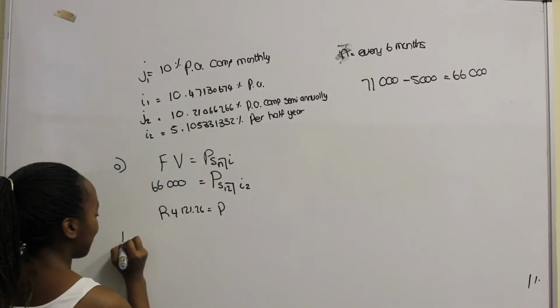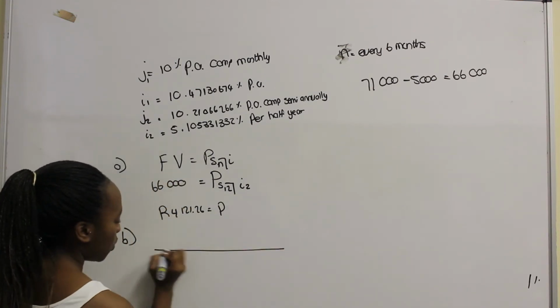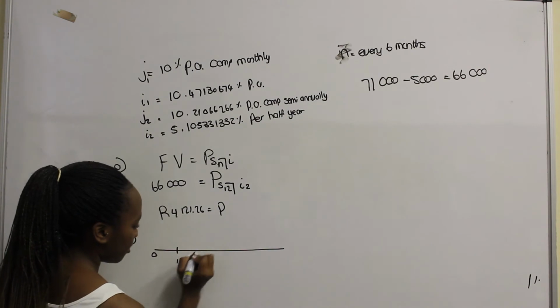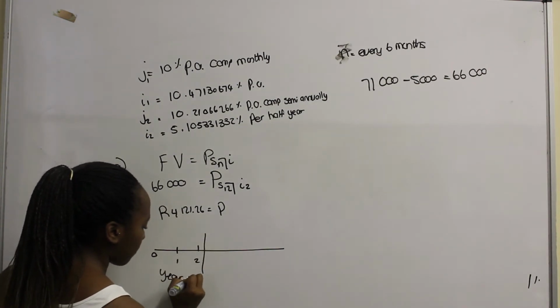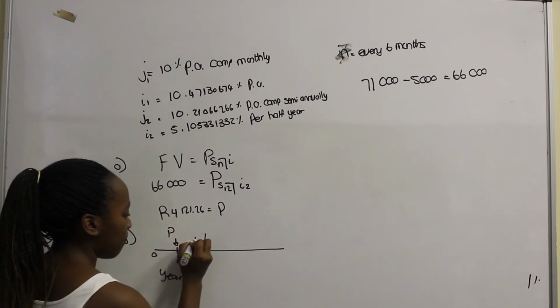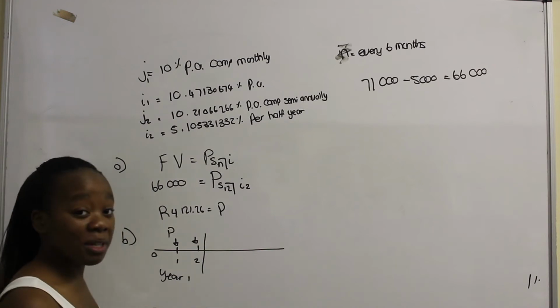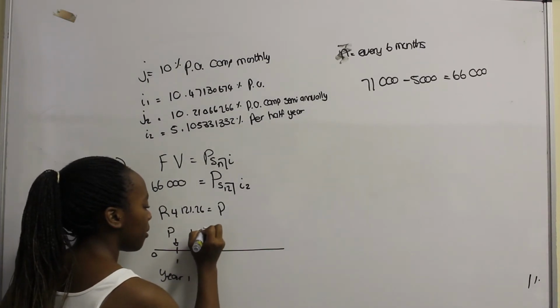We have to draw a timeline, guys. As we said already, there are 2 payments in 1 year: 1, 2. And this is year 1. The first payment is going to be P. The second payment, because escalation happens after every 6 months, is going to be 1.04P.